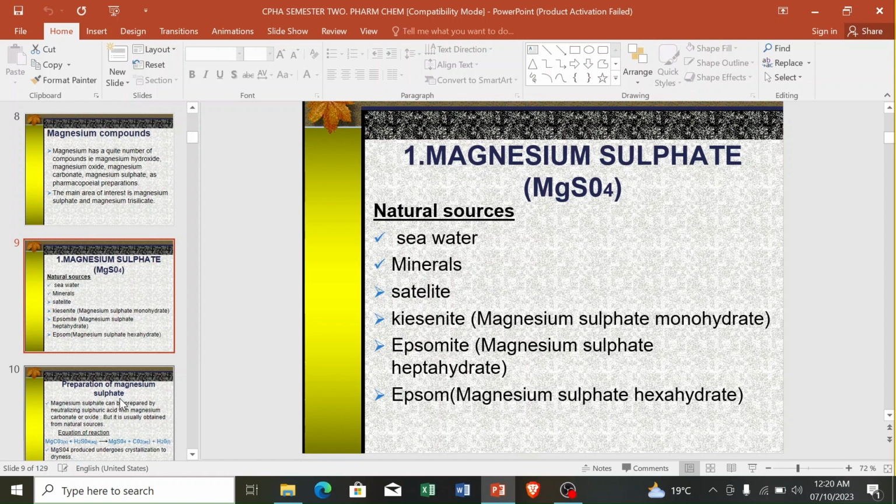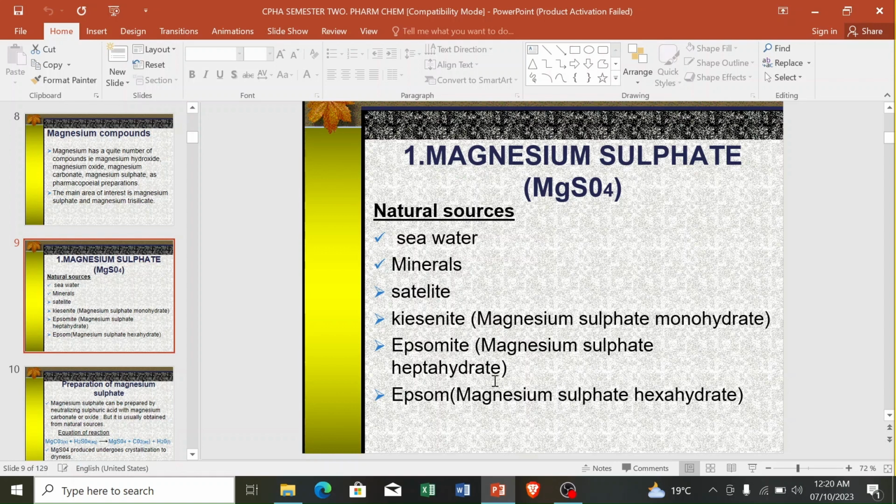The natural sources of magnesium sulfate include seawater and minerals such as kieserite, epsomite, and epsom salt. Kieserite is another name for magnesium sulfate monohydrate, and epsomite is magnesium sulfate heptahydrate.